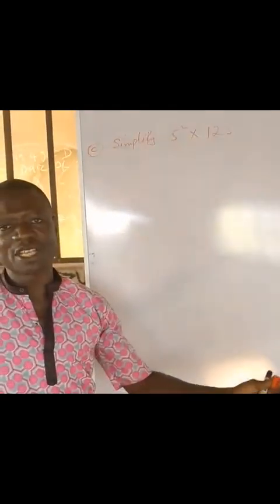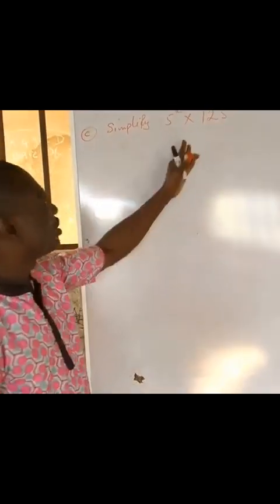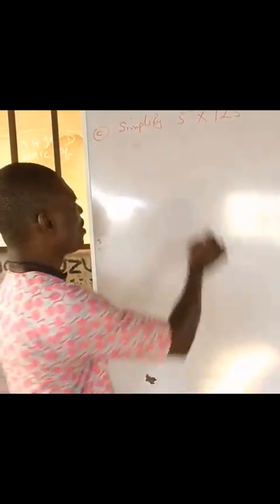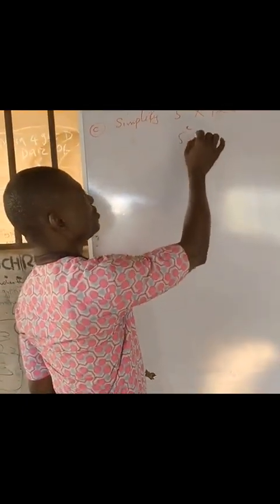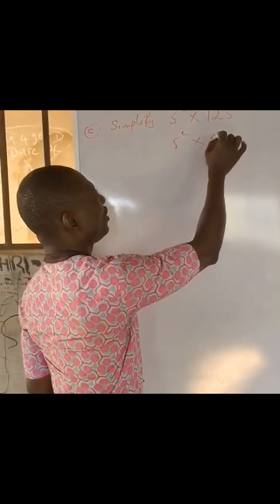We cannot pick the same base here because they don't have the same base. Our first job then is to make sure that they have the same base. And so we have 5 raised to the power 2 times 5 raised to the power 3.